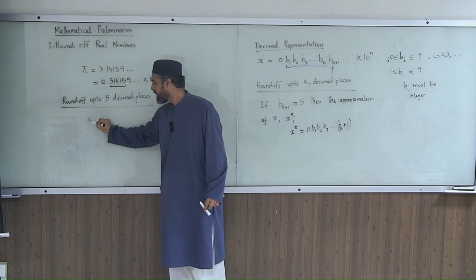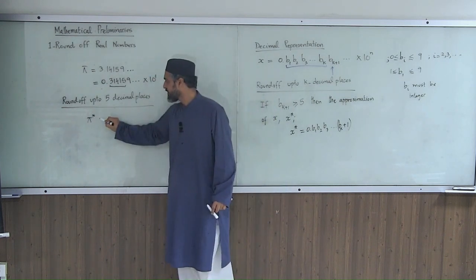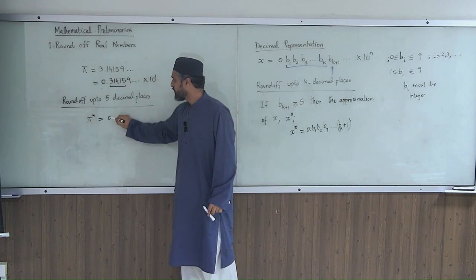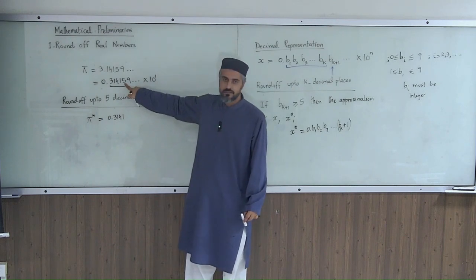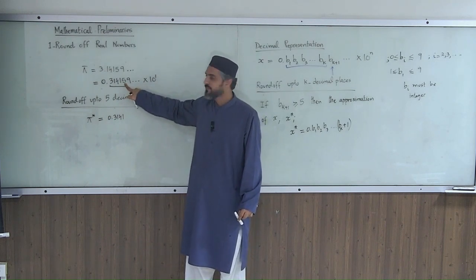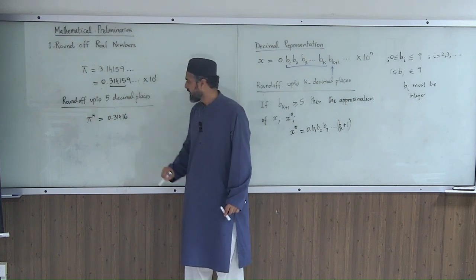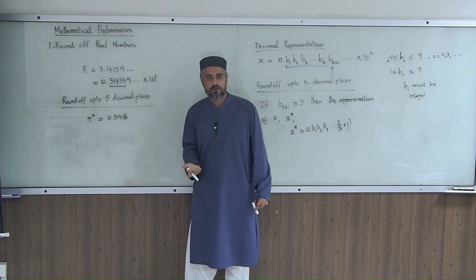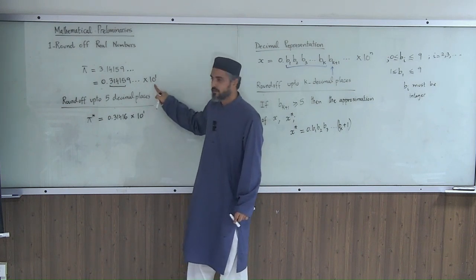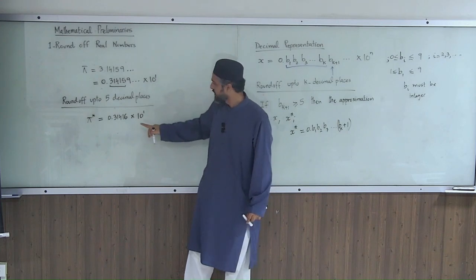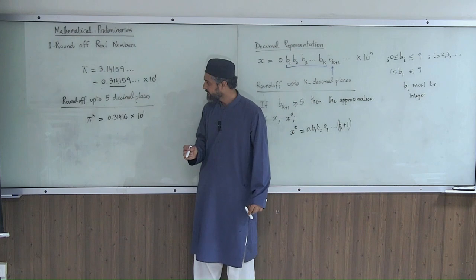So pi star, the approximation of pi up to 5 decimal places, is equal to 0.31416. The kth decimal is given an increment of 1, so it will be 6. The 10 raised to the power 1 will remain as it is. So this is the approximation of pi up to 5 decimal places.